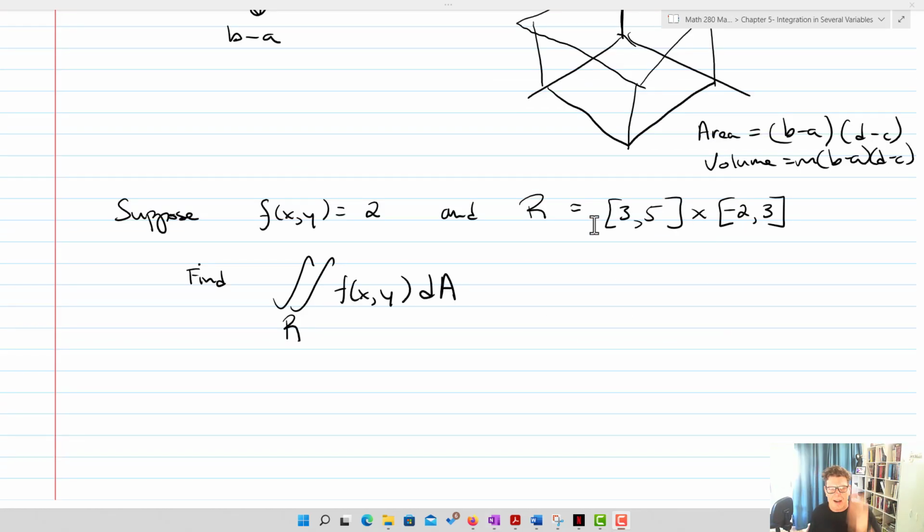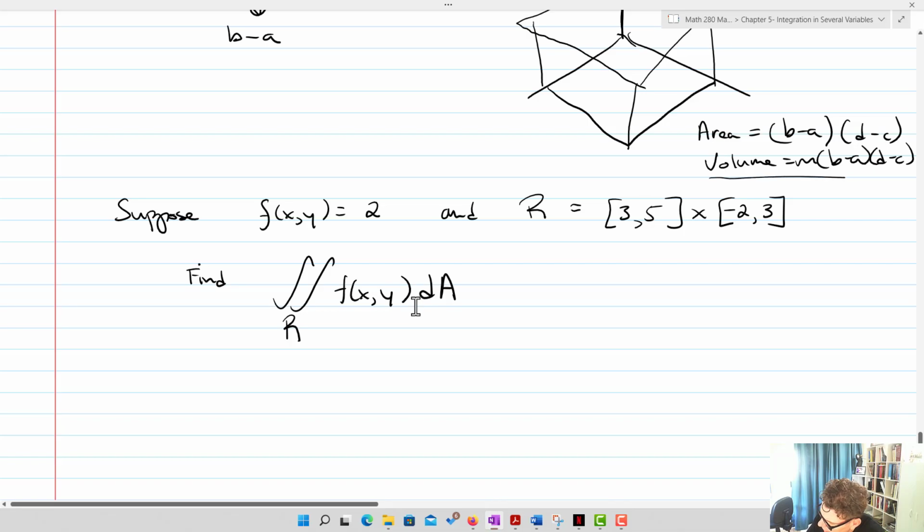Now let's suppose that f of x,y equals 2, and our region is [3,5] cross [-2,3]. That's the region that we're going to integrate over. Let's find the double integral over R of f of x,y dA. We don't actually need to go out and find that double integral. What we have here, again, is that we're going to find this volume.